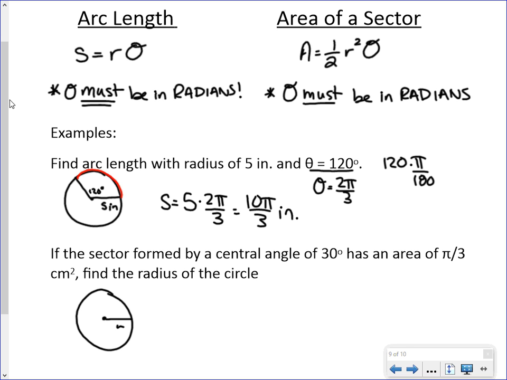Some radius. The area of a sector, I always think, like when I taught this in Algebra 2, I said it's like the pizza slice. It's the area of one of those slices.